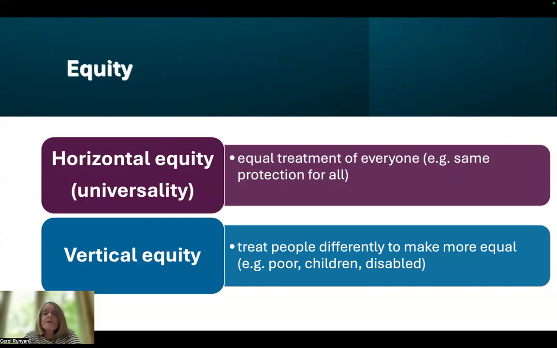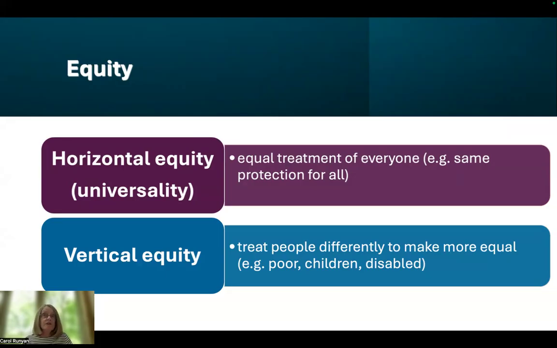Horizontal equity refers to the equal treatment of everyone, so everyone gets the same protection, as distinct from vertical equity, where we might treat people differently in order to make them more equal. For example, we might give car seats out only to people who can't afford to buy them themselves, so as to make their ability to achieve safety for their child passengers more equivalent.